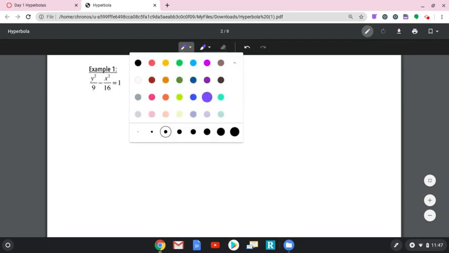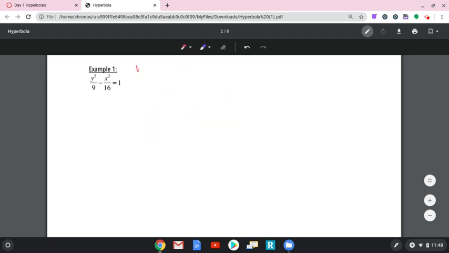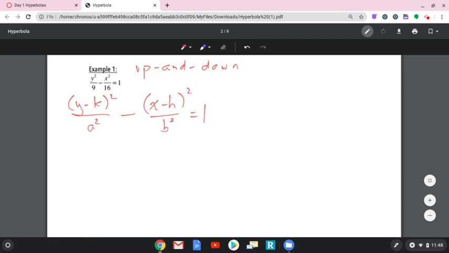Right off the bat, write that down first: I have an up and down. That's important because it helps me choose the formula I need to use. The up and down formula is y minus k squared over a squared minus x minus h squared over b squared equals 1. So that's the first thing.